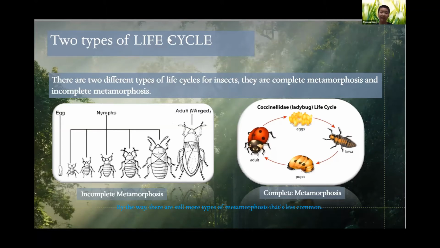They do not eat the same thing, and most of the time they do not live in the same place. And then the adult will mate with other adults and have eggs, which will hatch into larvae, and the life cycle keeps going.